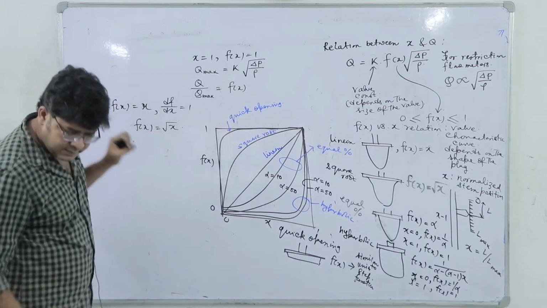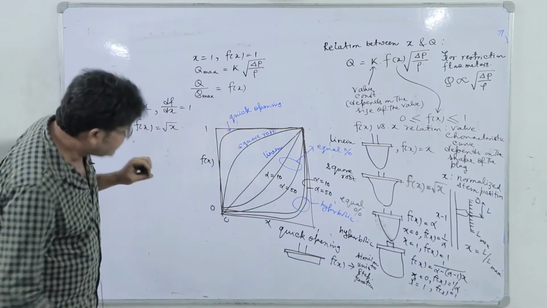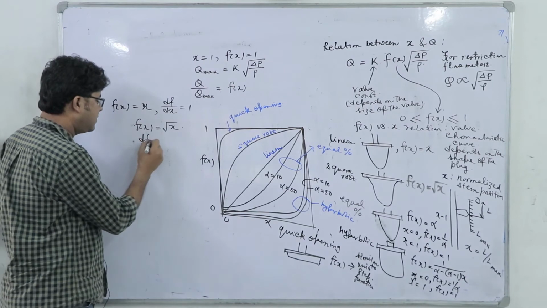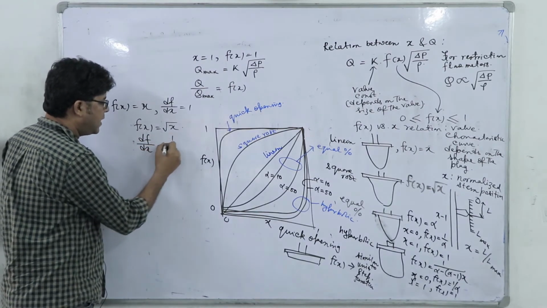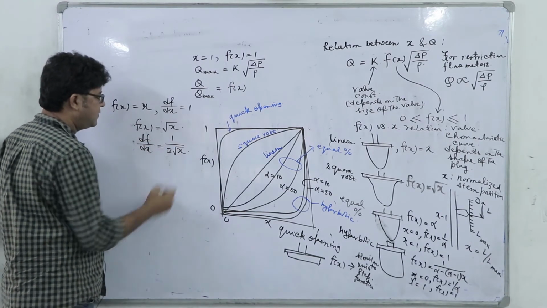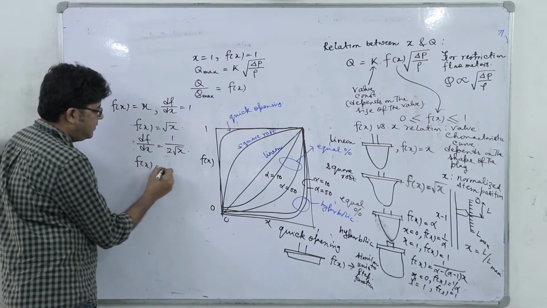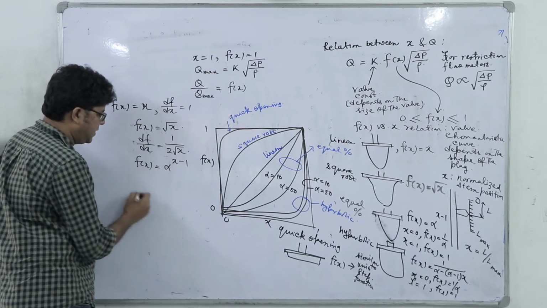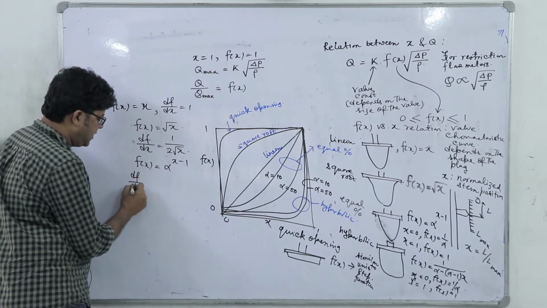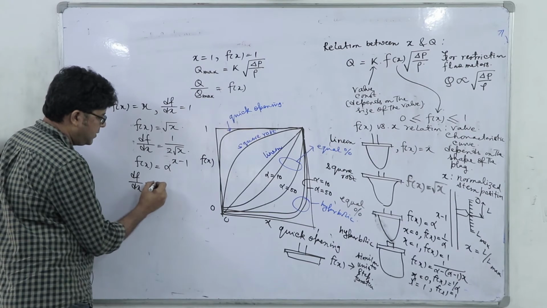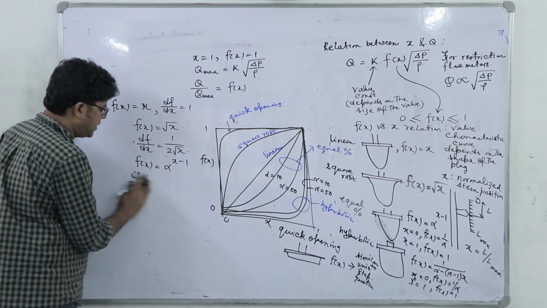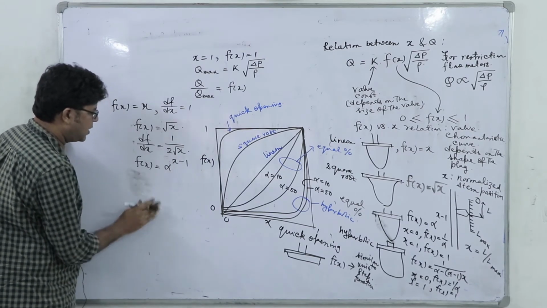So here df/dx is 1 divided by 2 times the square root of x. And f(x) is equal to alpha to the power x minus 1. So for df/dx, we have to take the log.